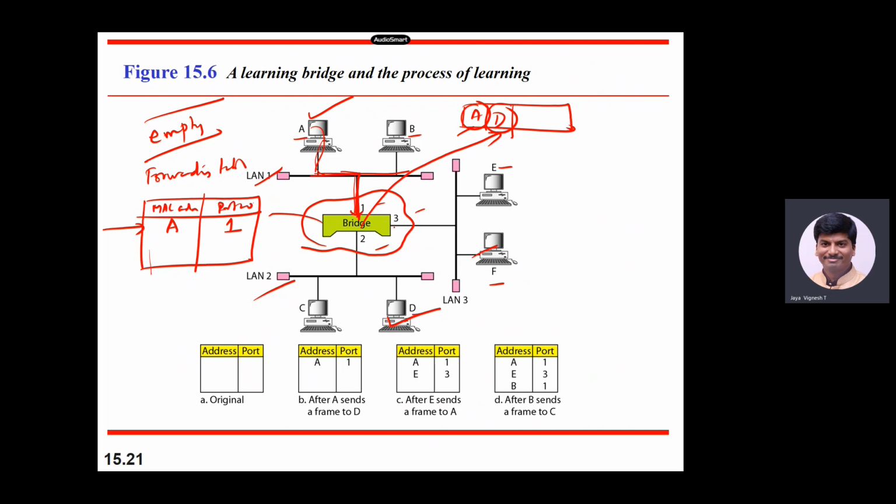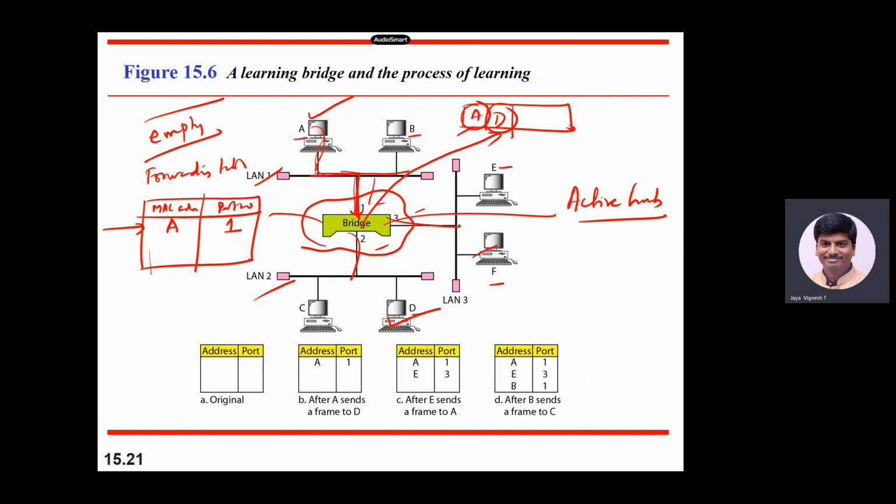So what is the bridge going to do? It does not have the intelligence, so it will become like a dumb device, like an active hub. What is an active hub going to do in such cases? An active hub regenerates the frame and floods it through all other IO ports except the one it received it through.